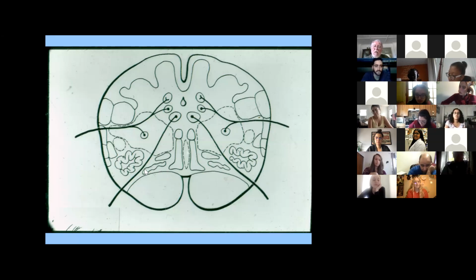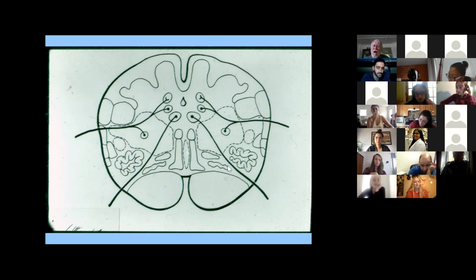Okay? And the inferior olivary complex is comprised of three major nuclei. The principal nucleus of the inferior olivary complex, the dorsal accessory nucleus, and the medial accessory nucleus.